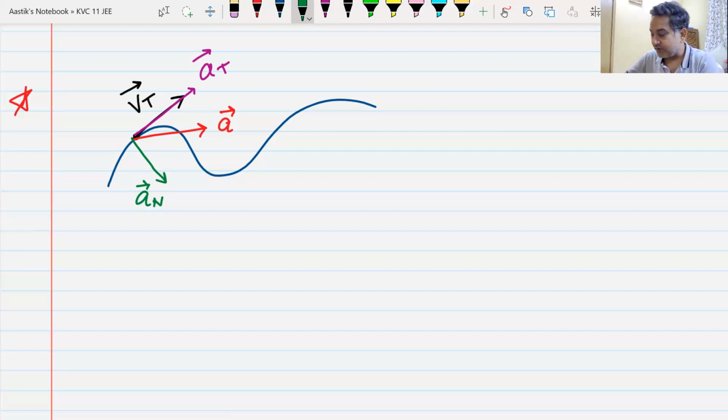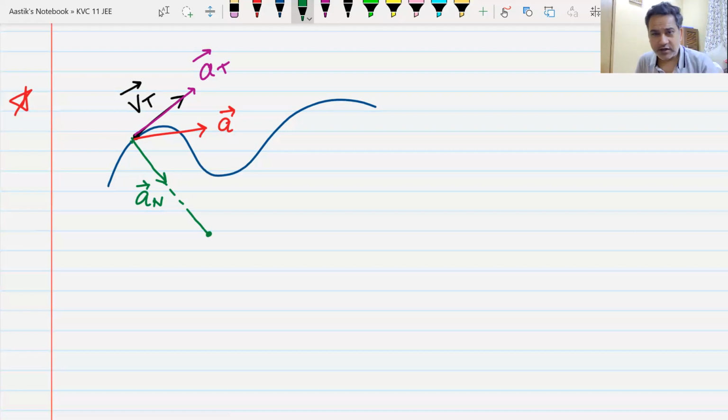This normal or radial acceleration will be pointing towards what? Center of a circle, sir.